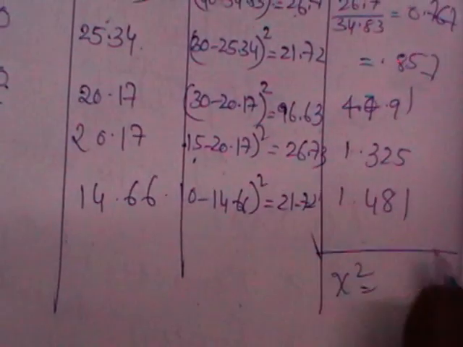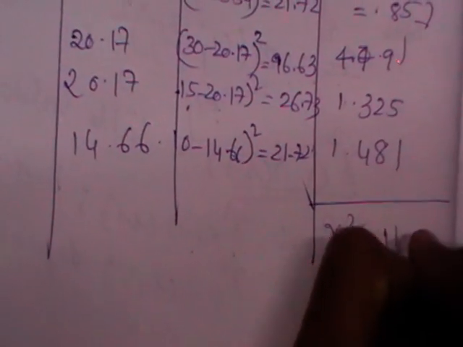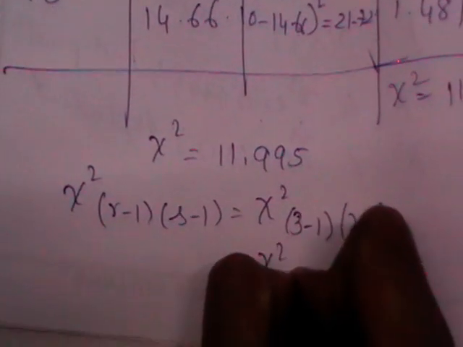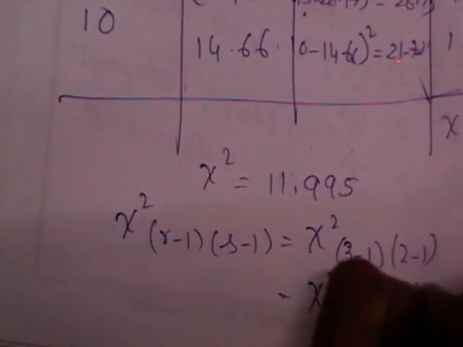The total of this is going to be chi-square, which is nothing but 11.995. So we have calculated chi-square as 11.995. You need to compare this with the table value which will be supplied to you. Here the number of rows is 3 and the number of columns is 2, so the degrees of freedom is 2 into 1, which is chi-square 2.